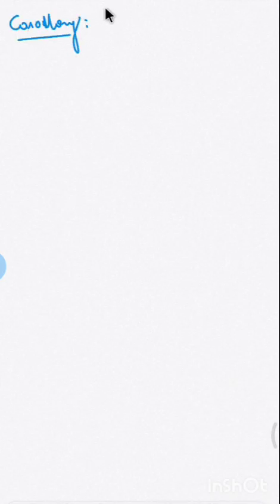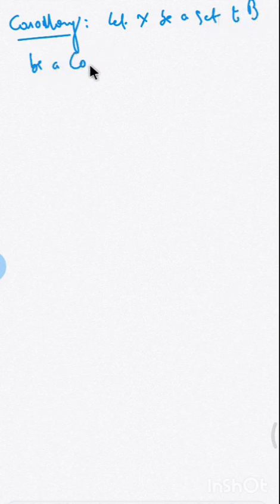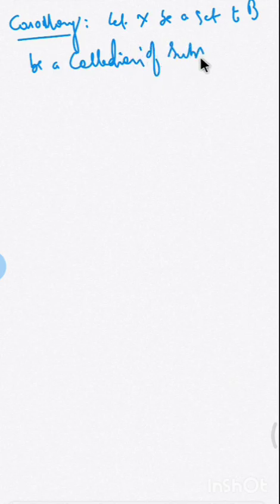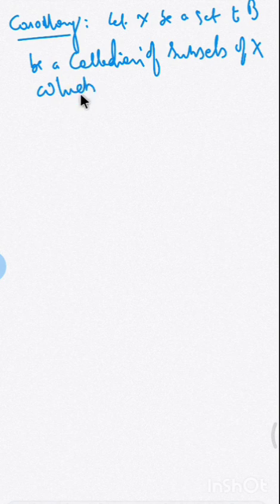Now, we will see one corollary of these results. The corollary says: let X be a non-empty set and B be a collection of subsets of X which covers X, the same assumption as in the previous theorem.